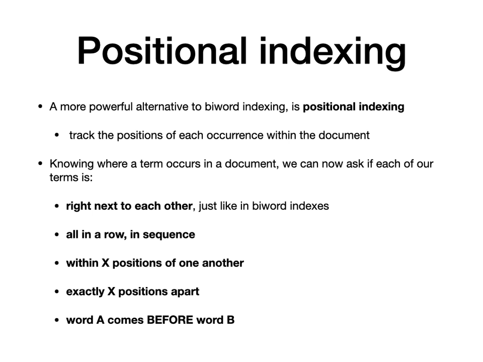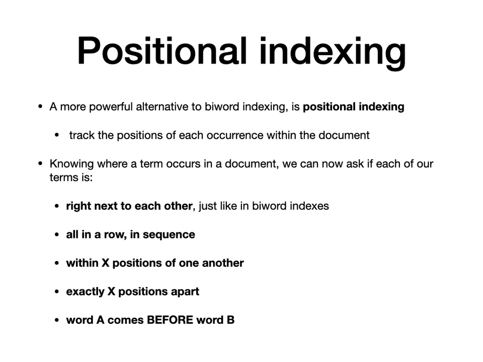So, knowing where a term occurs in a document is great. So we can ask a lot of questions about our phrases. I can ask, hey, is this term right next to this other term? Because I know the position of each term in a particular document, I can say, for this document, yes, these two words do occur next to each other.